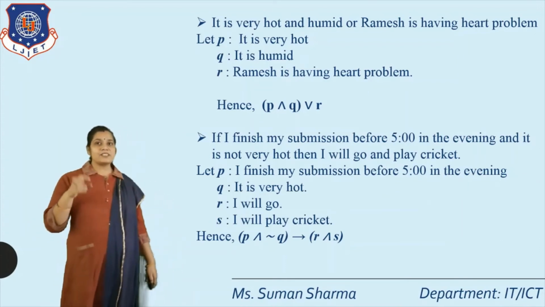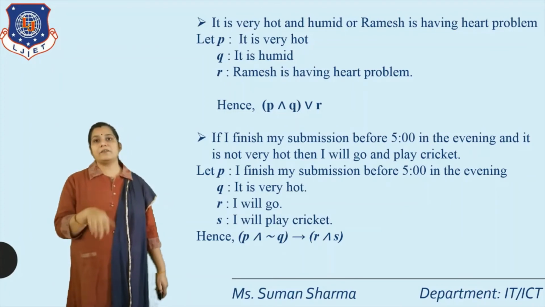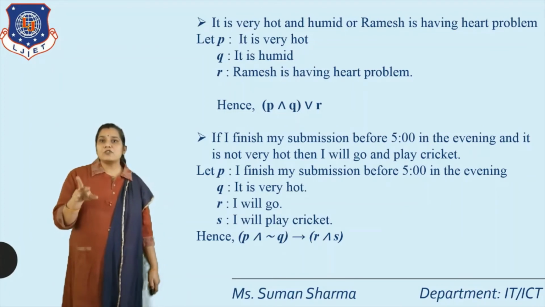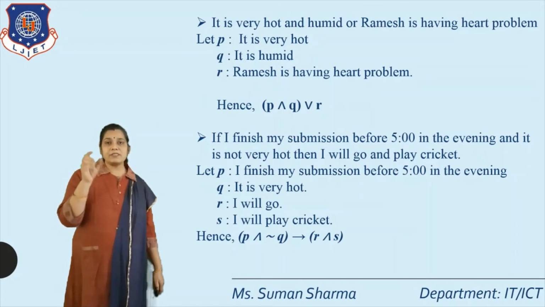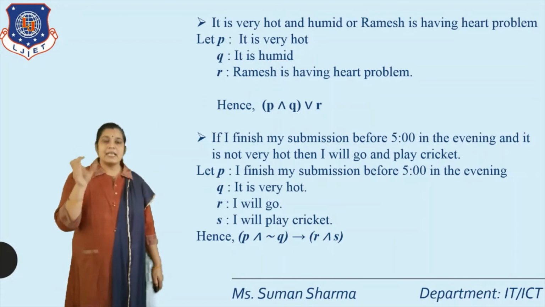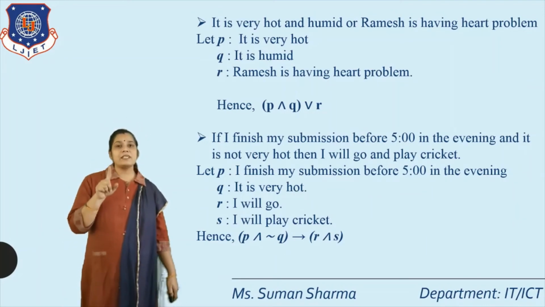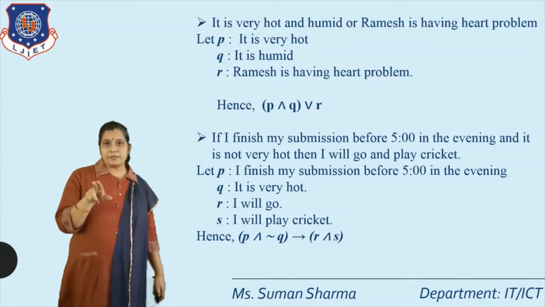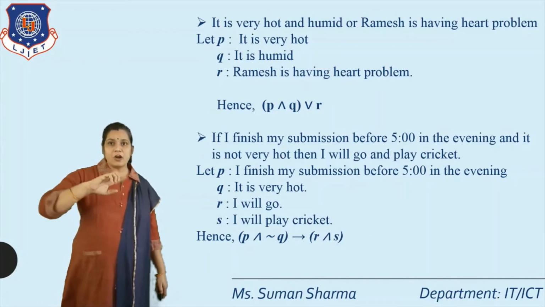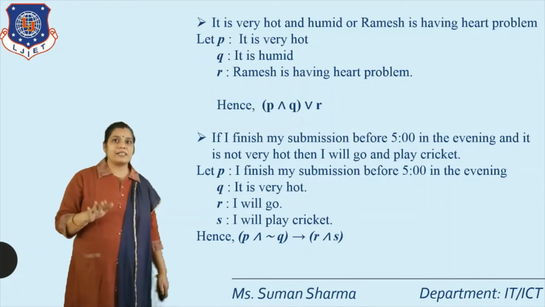So here, first, if I finish my submission before 5 in the evening and it is not very hot. Okay, so first you write here, because these two sentences are connected with the word and, read carefully. So here we write P conjunction, but in the Q statement, it is very hot. But according to your question, it is not very hot.